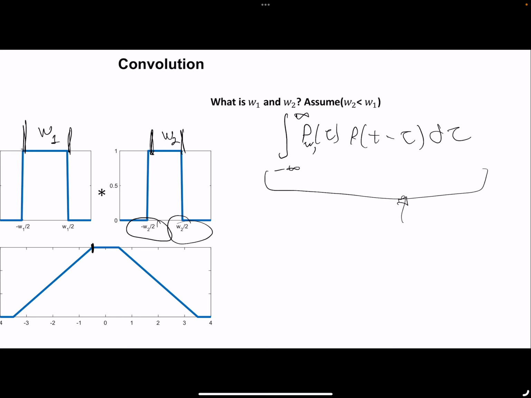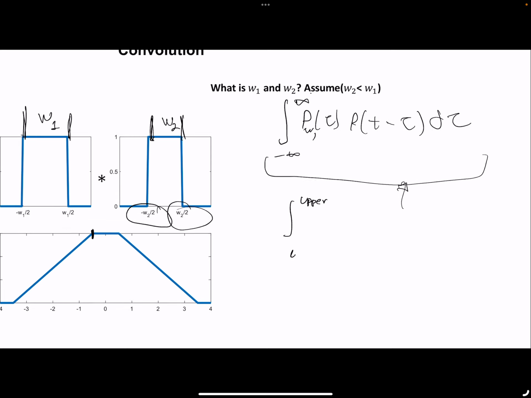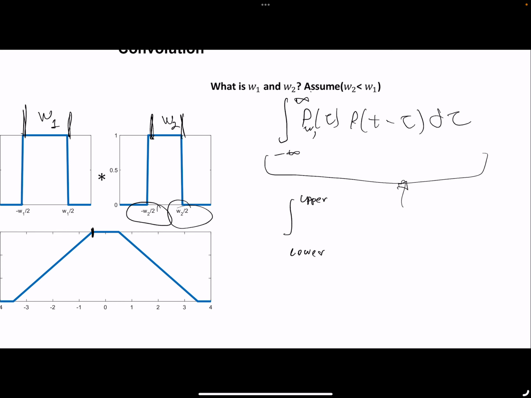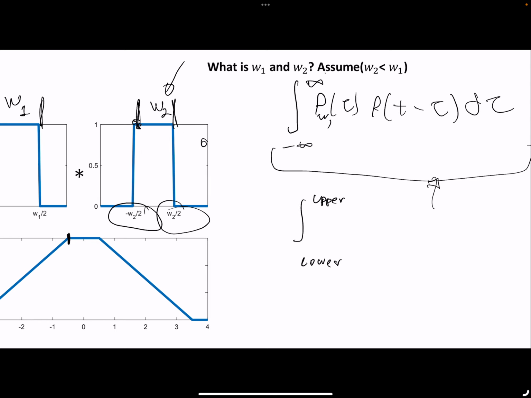Basically the difference between the upper limit and lower limit, where these two things are both non-zero, is actually the width of the narrower one. You can't have the product be non-zero for a duration longer than the width of the narrower one, because this thing is just going to annihilate it.